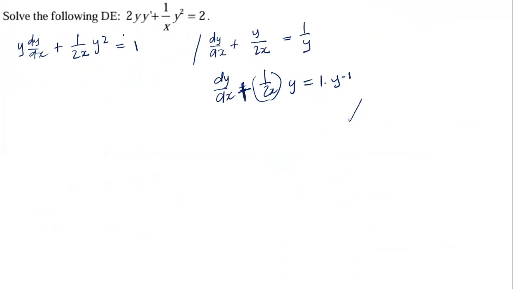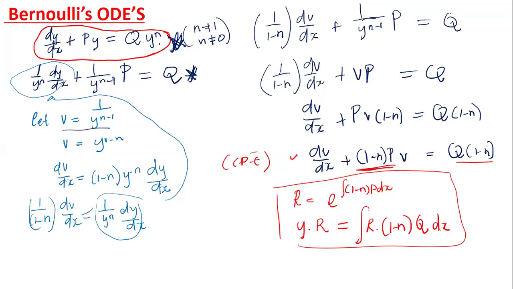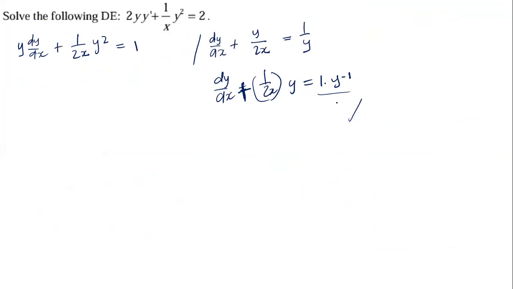But when I'm here, if I want to do this, I have already divided by, remember, from here to there, I divided by y to the power of n. So that means if I divide by y to the power of -1, I'm going to get this. This is what I'm actually going to get.